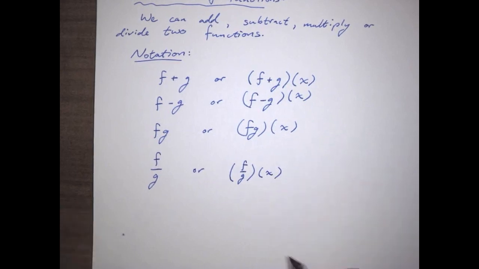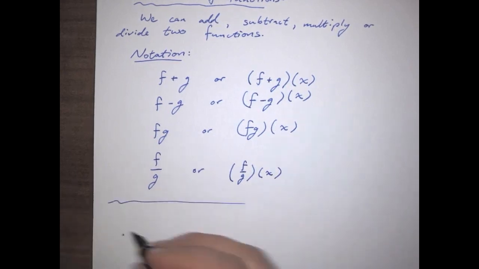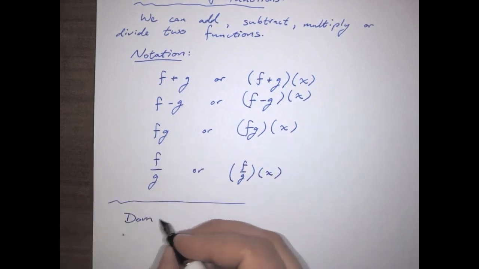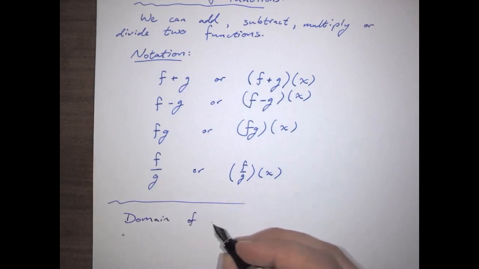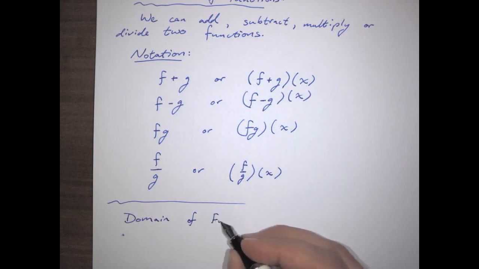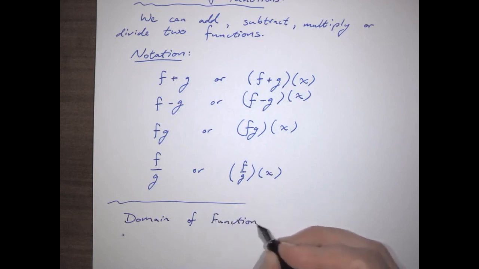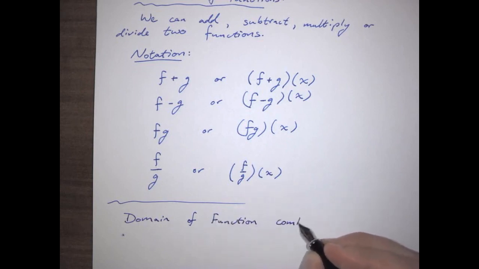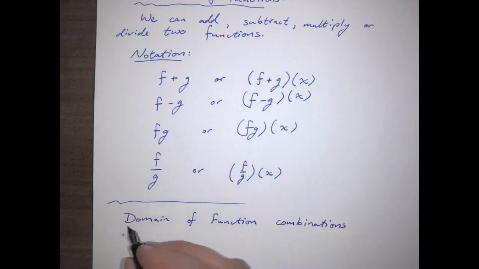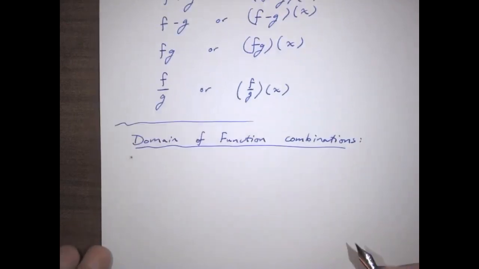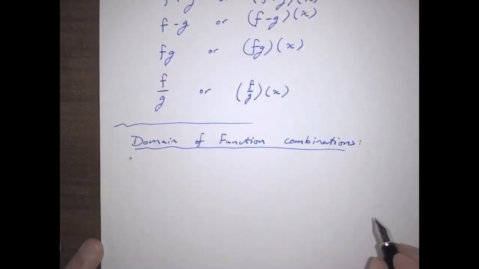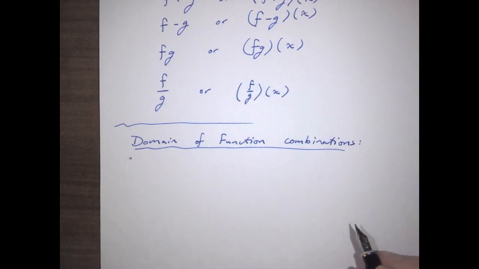And then when it comes to finding the domain of function combinations, the important thing to remember is that these were originally two completely separate functions which you mashed together to make a new function.